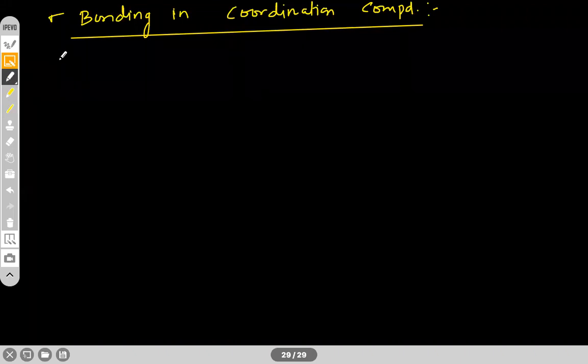So the very first attempt to explain the bonding in coordination compounds was done by Werner, and we call it Werner's Coordination Theory.